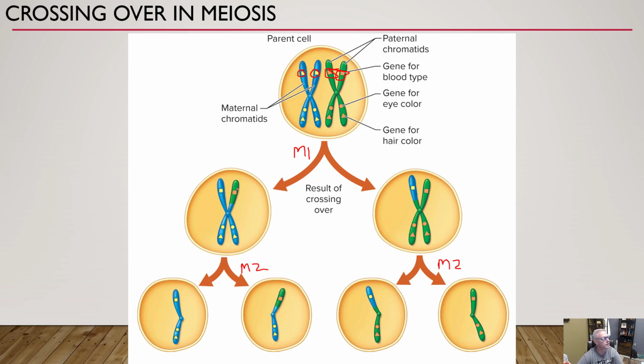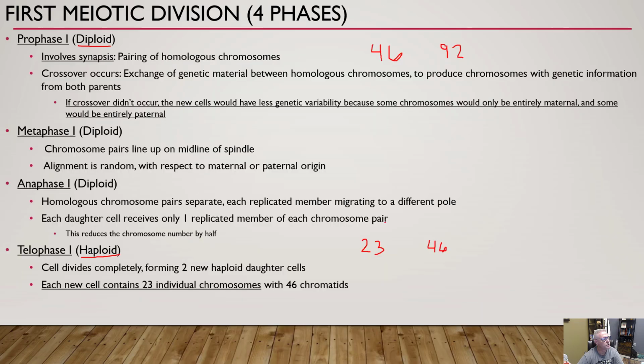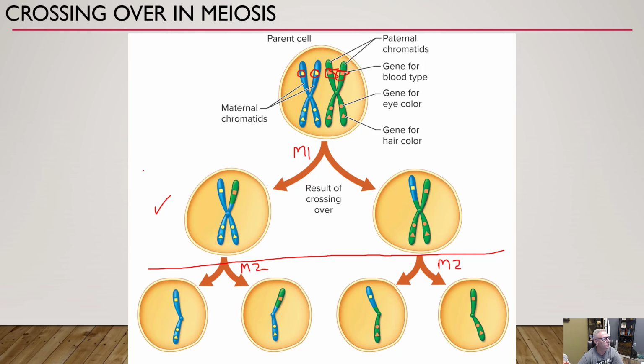So the question says we were successful in this stage, but we stopped here. Remember, if we go back to our numbers, at the end of meiosis 1, we had 23 and 46.